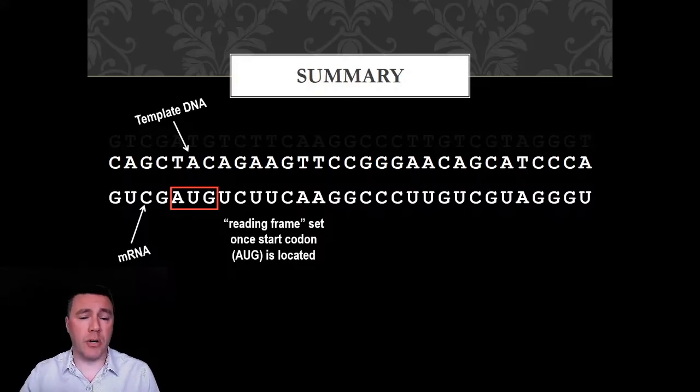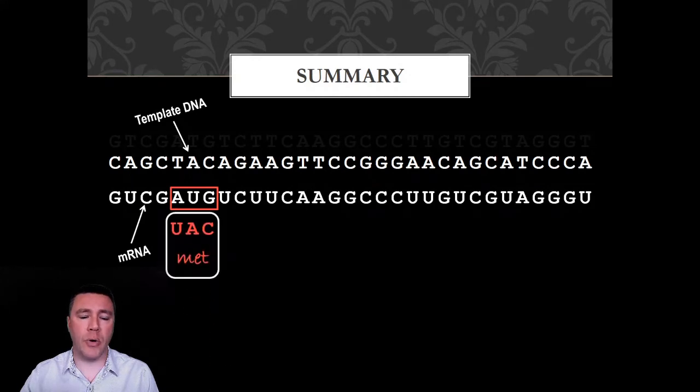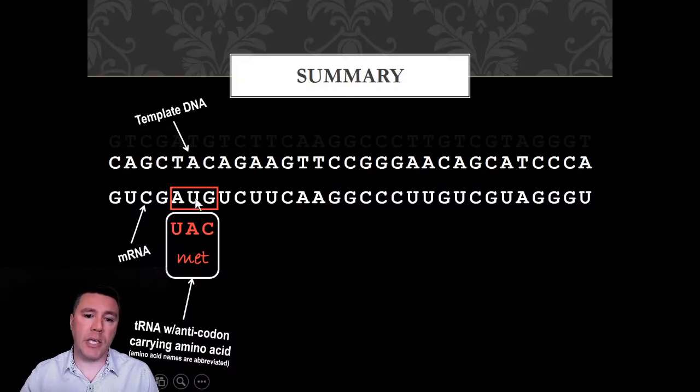Now that the start codon has been identified, the first transfer RNA is going to arrive, and it has a complementary anticodon. If a codon is AUG, then UAC has to be the anticodon.